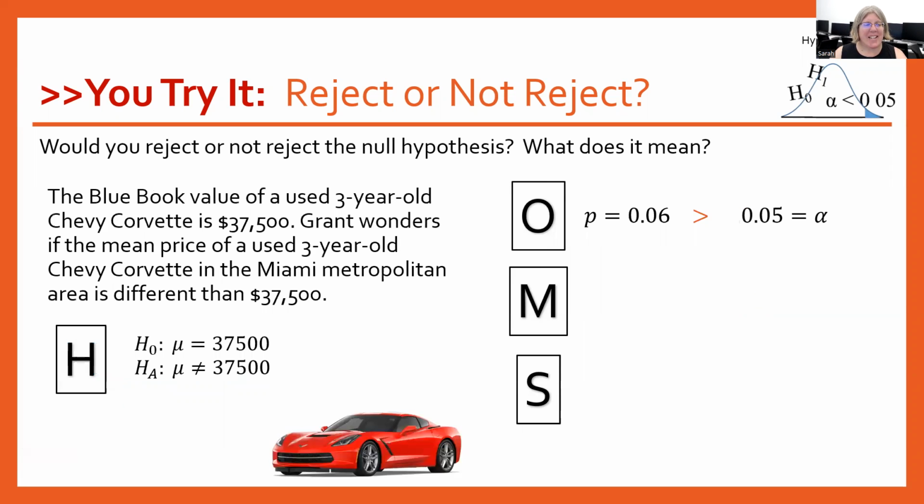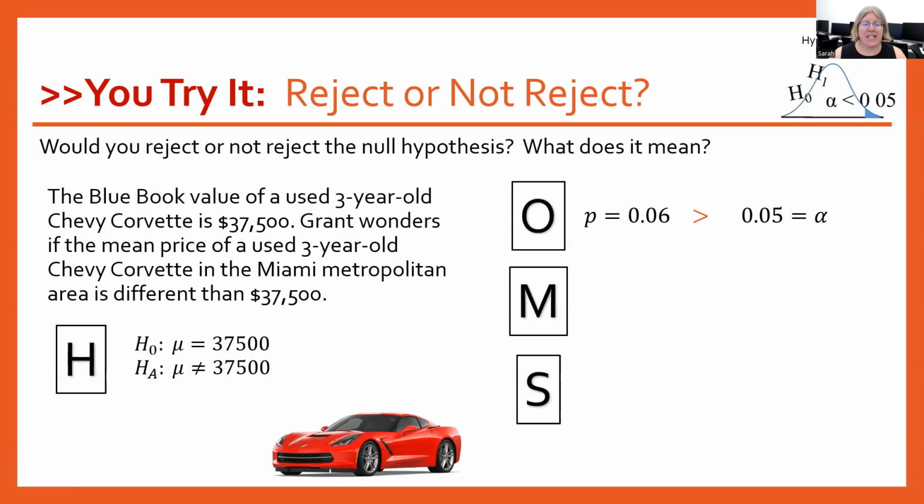All right, let's take a look at the next one together. The Blue Book value of a used 3-year-old Chevy Corvette is $37,500. Grant wonders if the mean price of a used 3-year-old Chevy Corvette in the Miami metro area is different than the $37,500. So our null was mu equals $37,500, and our alternative was mu is not equal to $37,500.